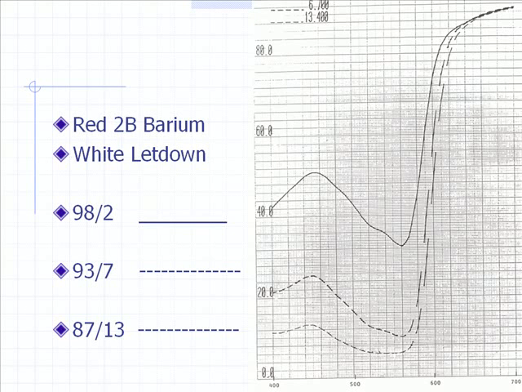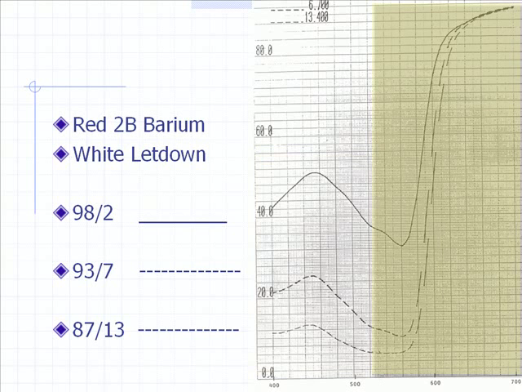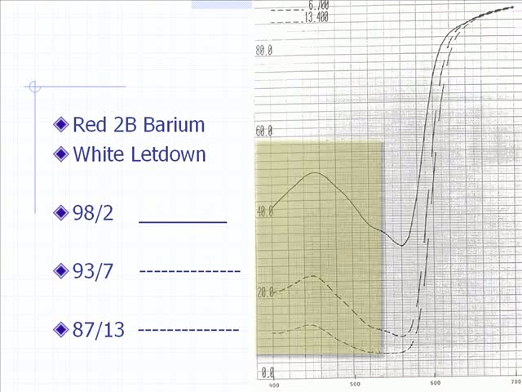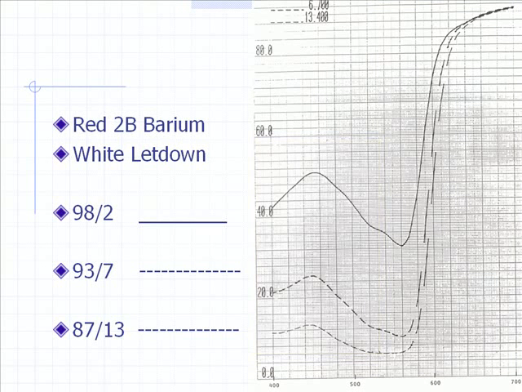To look at this particular pigment, this is the blue side of the curve, and this is the red side. There's not much difference in the red here, really. But on the blue side, you can see there's a big difference in how much light is reflected. Because it has a hump over here on the blue side, that means when we were talking about reds, this would be a blue shade red. And notice what happens as we add white to a sample is that not only does it get lighter, but it becomes bluer.